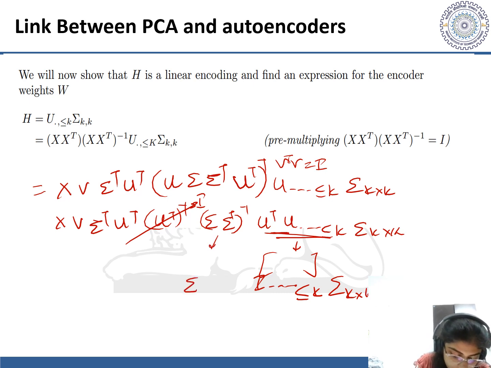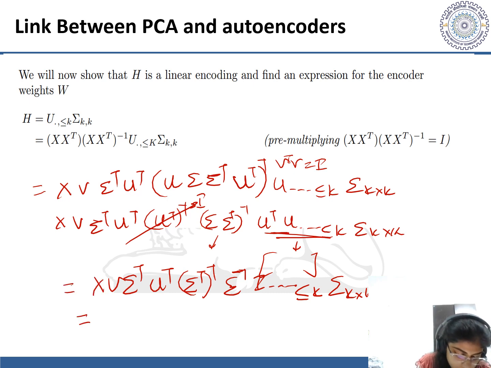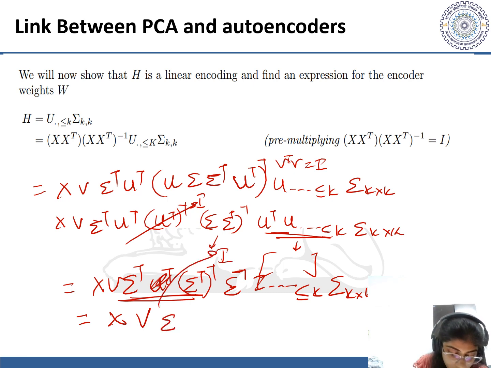This opens up to be sigma transpose inverse and sigma inverse, U transpose sigma transpose V X. Now I have U transpose got cancelled. So this is basically this X V. This changes to identity again. I have sigma inverse I up to k less than equal to k, and this is this.